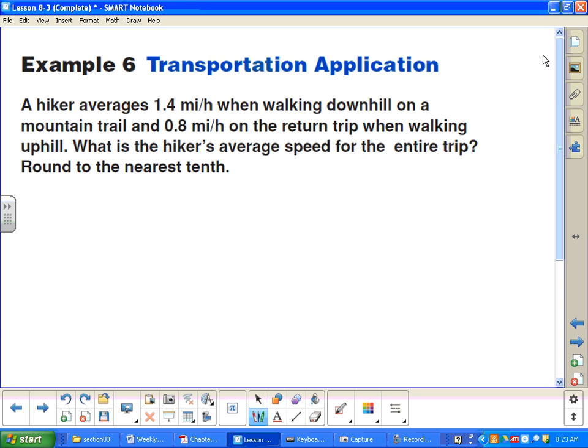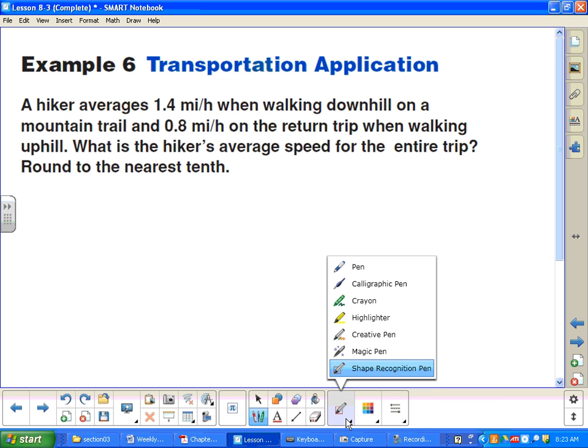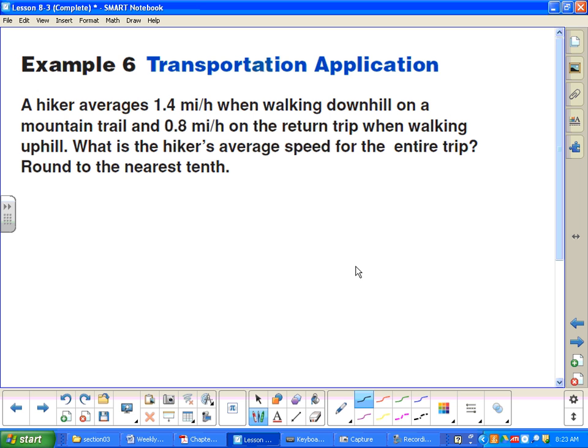Now, it's more complicated in a way than just averaging those two numbers. Okay, it would be really nice if I could just average those two numbers to get the average speed. The problem is that you have to involve time in it also. Okay? So we'll call her, or this hiker, we'll say that their D represents their distance.